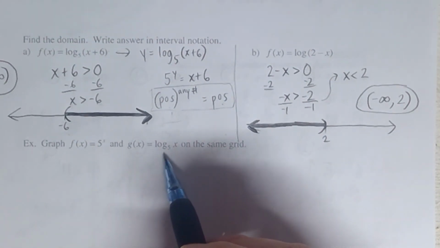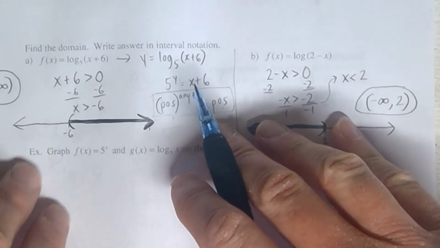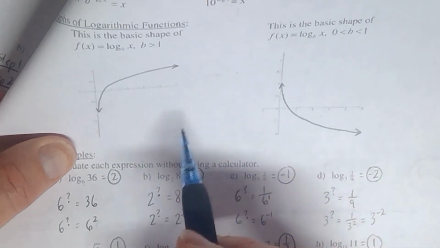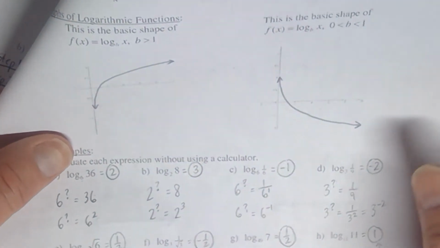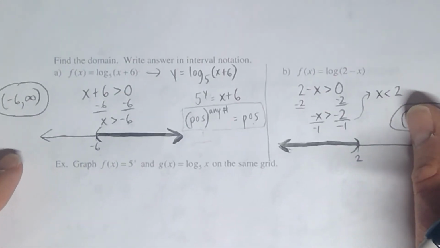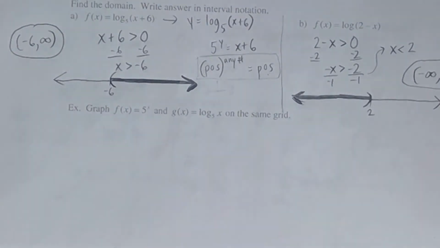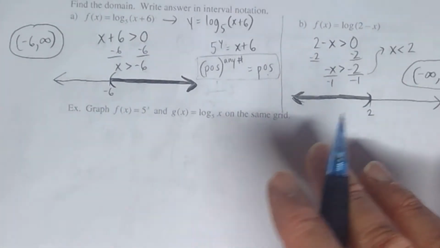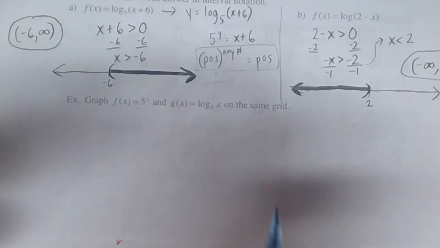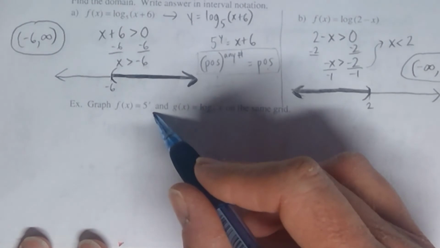So if you want to graph a logarithmic function, I gave you this thing on the front side that you can refer to for graphing logs, and there's a couple different ones. You don't really need to worry about this right now, though, because if you know what the graph of 5 to the x looks like, and you do, you just need to do what we did in the last section where you graph the inverse, because this automatically is the inverse of that.